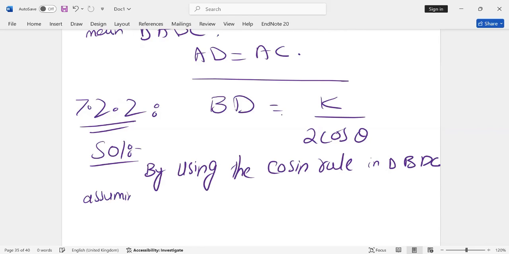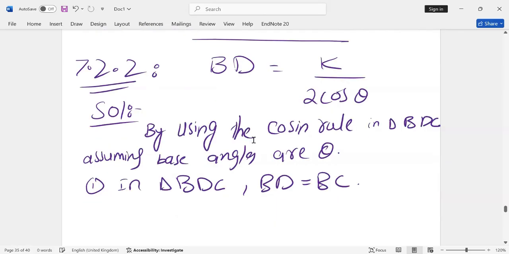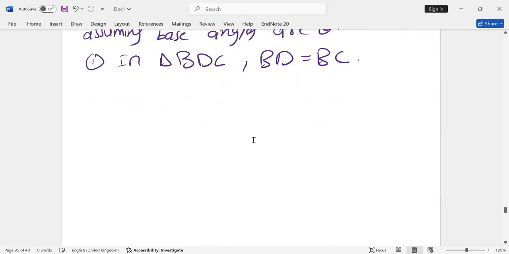Assuming the base angles are theta, the first thing is that in triangle BDC, BD equals BC.